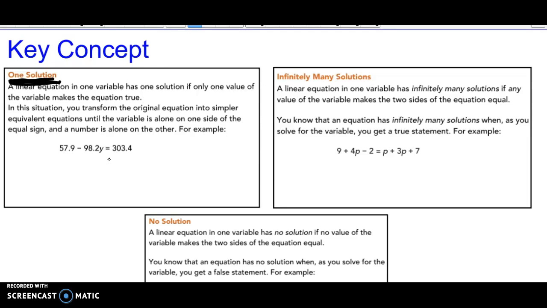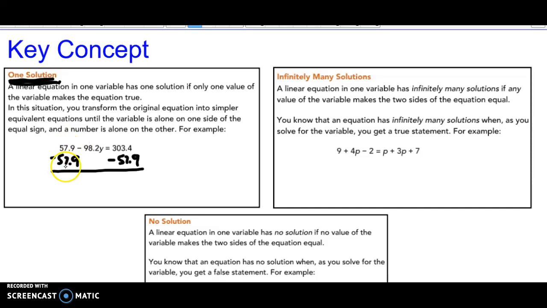So in this case, if I want y by itself, then first I need to start by getting rid of 57 and 9/10, and then I can get rid of this 98 and 2/10. So I'll first start by subtracting 57 and 9/10 from both sides.